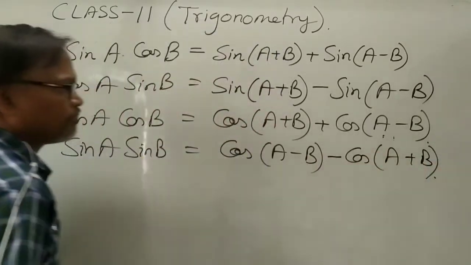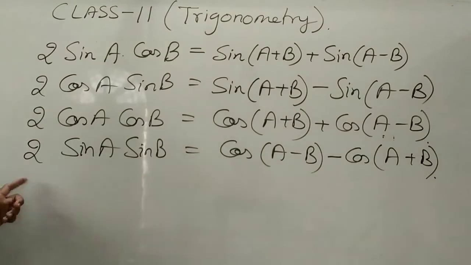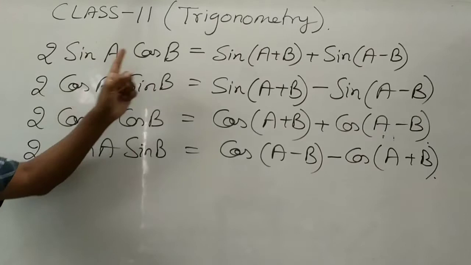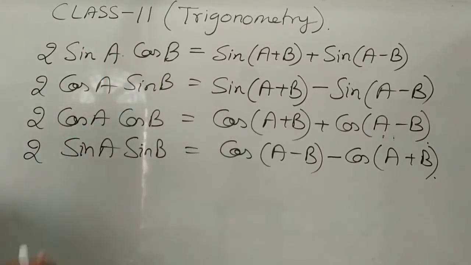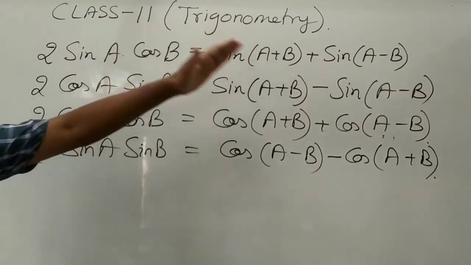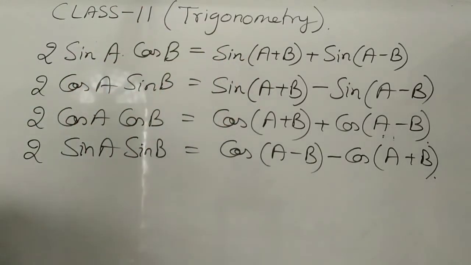This is the formula of 2 sin A sin B. 2 cos A cos B, 2 cos A sin B, and 2 sin A cos B: these 4 types of combination you will get in the product changing into the sum and difference, and not others.